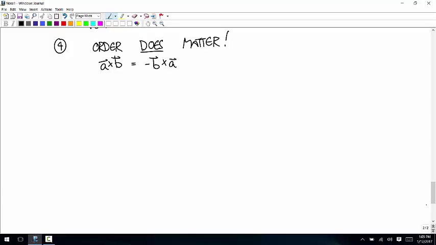Any questions about any of this so far? Okay, the next thing, which is going to be really important in this class, is calculating a vector that goes from one point to another.